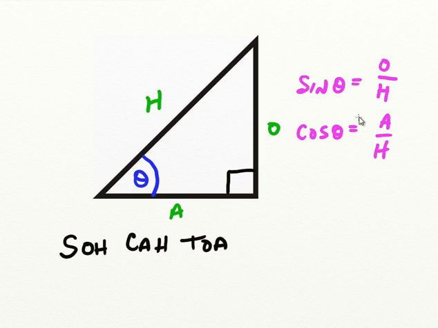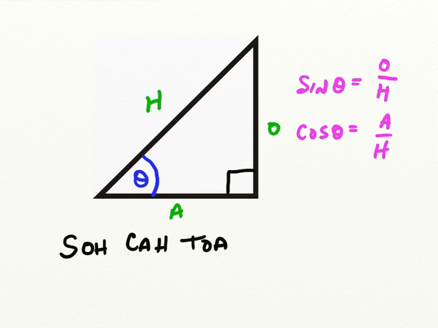Now, these two ratios are going to be important because we're going to take this triangle and we're going to put it inside of a circle. And we're going to use the triangle to help figure out the location of a point that is going around the outside of the circle.